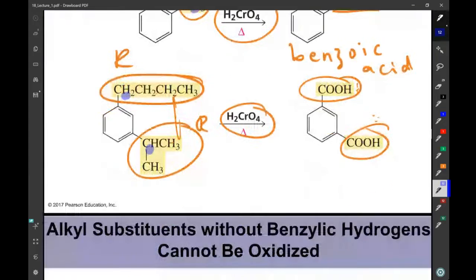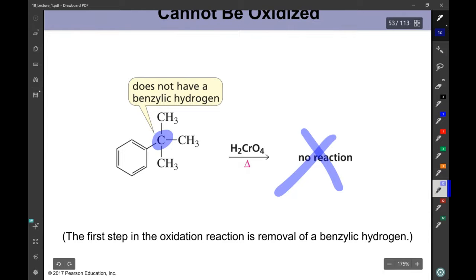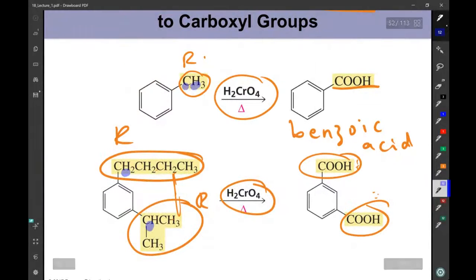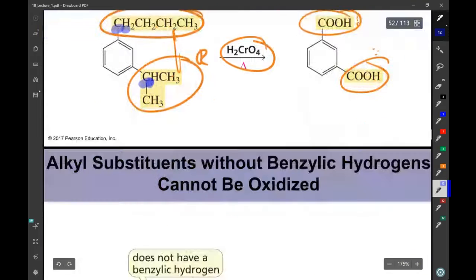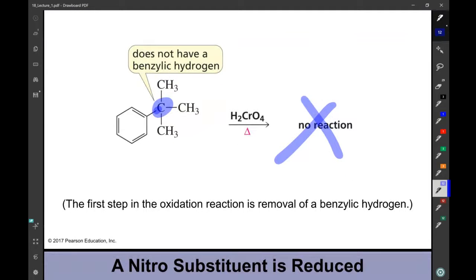But if your benzylic carbon does not have a hydrogen connected to it, there will be no oxidation. Does that make sense? Look at the slides where we have oxidation. We have at least one hydrogen on the benzylic carbon. But if you don't have a benzylic hydrogen, then there is no oxidation. That's what I want you to remember: no benzylic hydrogen, no oxidation.